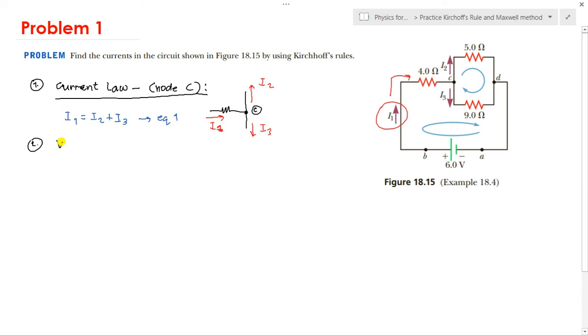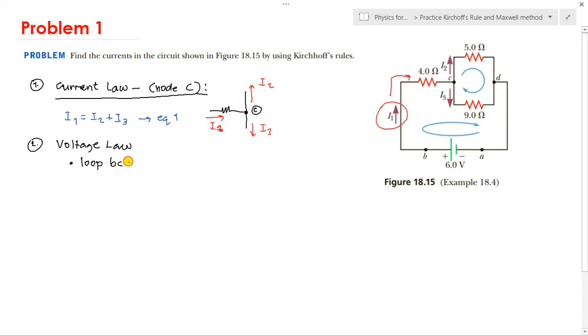That is the law of voltage, and the voltage law is by loop. So let's start analyzing the loop at the bottom, that is loop BCDA.